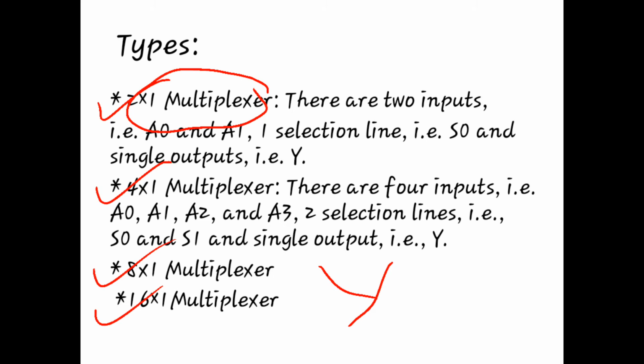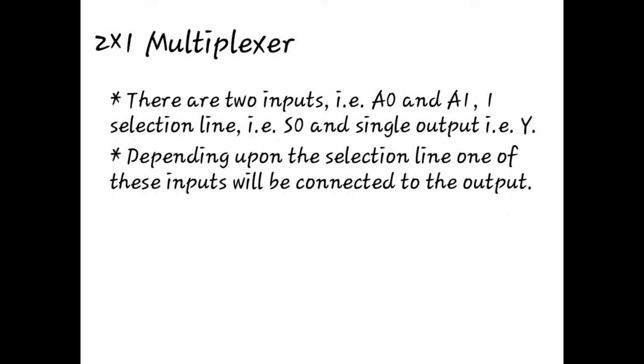Now let us design this 2 by 1 multiplexer. As we already know from the previous slide, it is a 2 by 1 multiplexer. So it requires two inputs and one selection line.